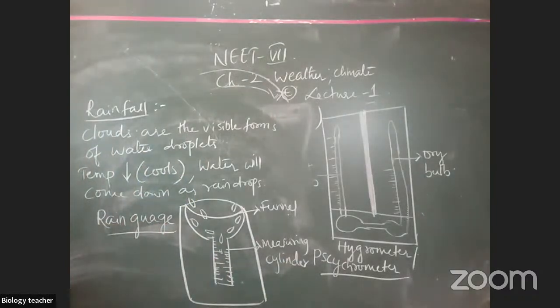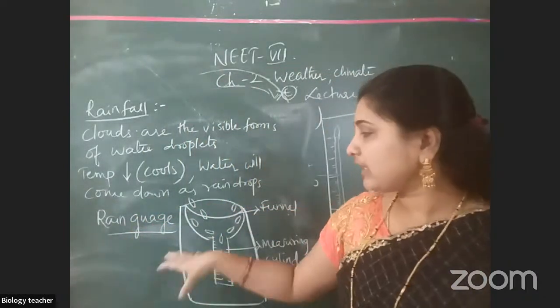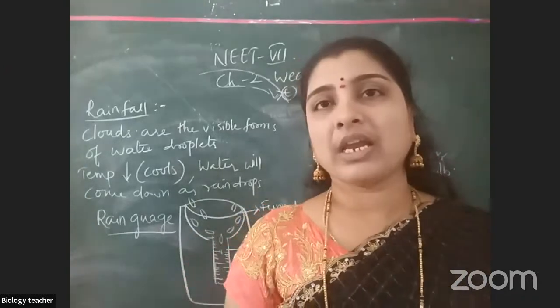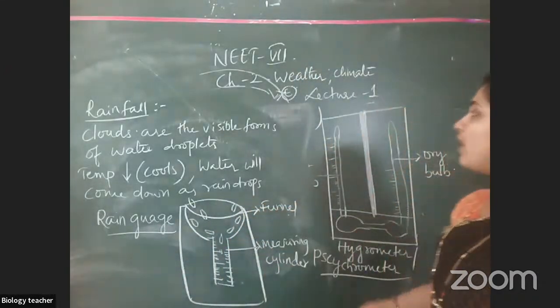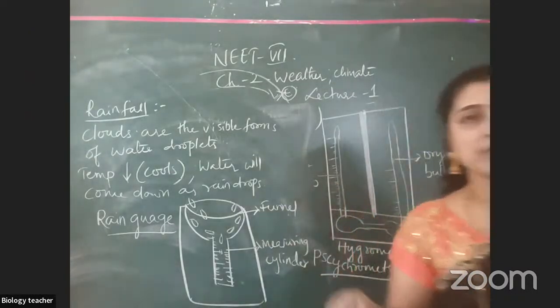So this is about the rain gauge and rainfall, and the hygrometer, which is used to measure humidity. Please draw and note down.